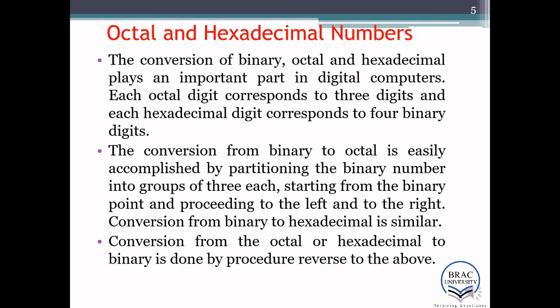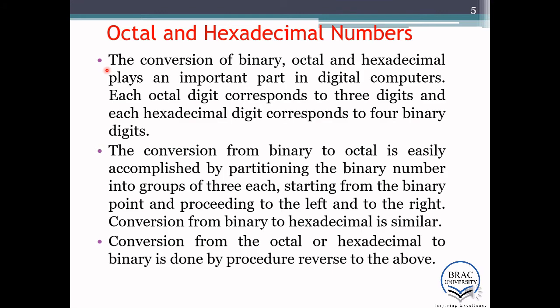Octal and hexadecimal numbers. The conversion of binary, octal and hexadecimal plays an important part in digital computers. Each octal digit corresponds to 3 binary digits, and each hex digit corresponds to 4 binary digits.